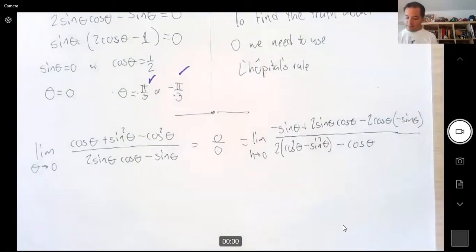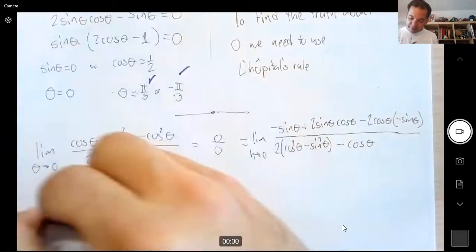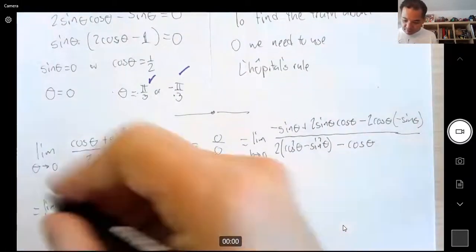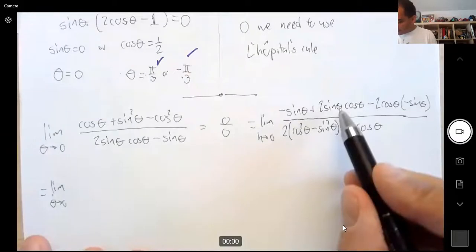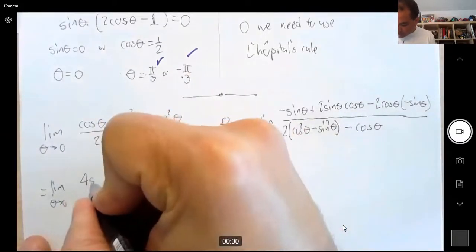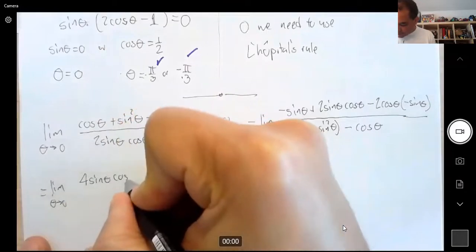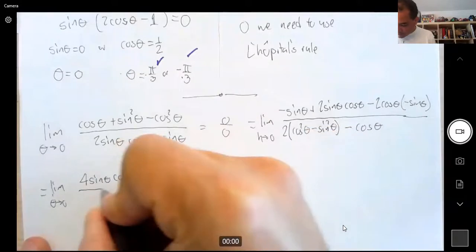All right, now let's simplify that and see if we can figure it out. Hopefully cancel something out. So this is plus, so it's 4 times sine theta cosine theta minus sine theta in the top.